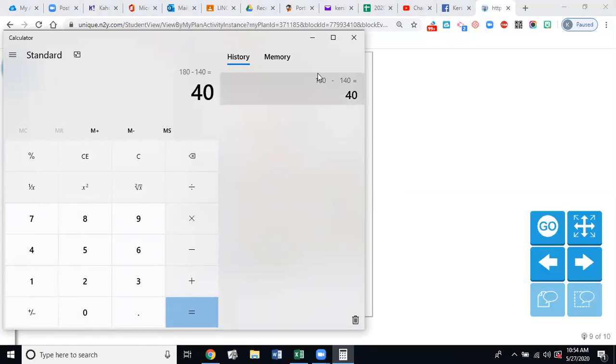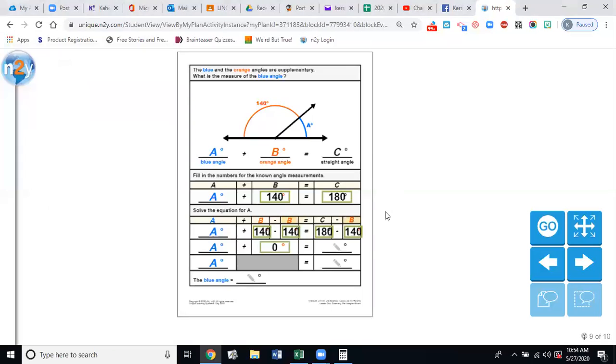Okay, so let's move this up so we can shrink our calculator down. So we're going to plug in 40. Okay, so that is going to be A. So A equals, so the blue angle is 40.